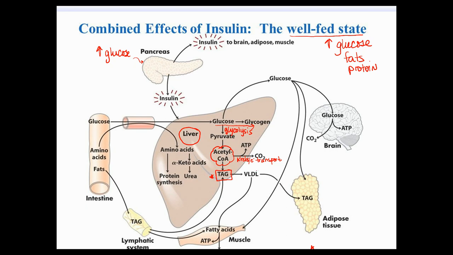Those have to get transferred to adipose cells, and here are the very low density lipoproteins that will take it and get stored in adipose tissue. This is showing also a transport to the muscles for beta oxidation if there is a demand for that.